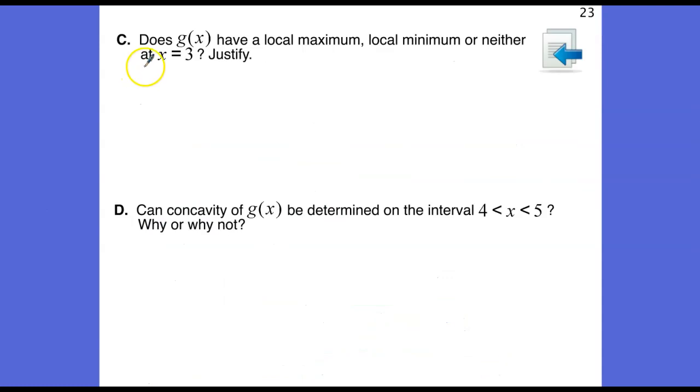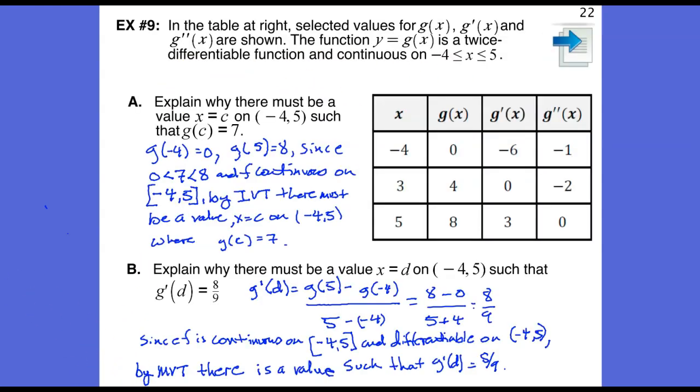Part C asks, does g of x have a local maximum, local minimum, or neither at x equals 3? Justify. Alright, let's go back and take a look at our table. At x equals 3, we know that g prime of 3 is equal to 0.